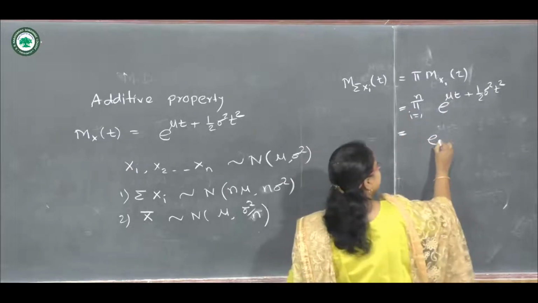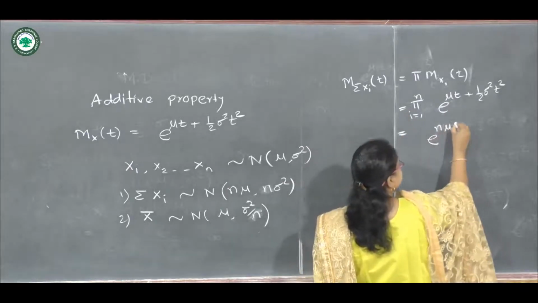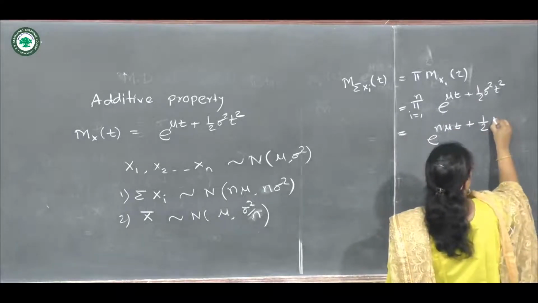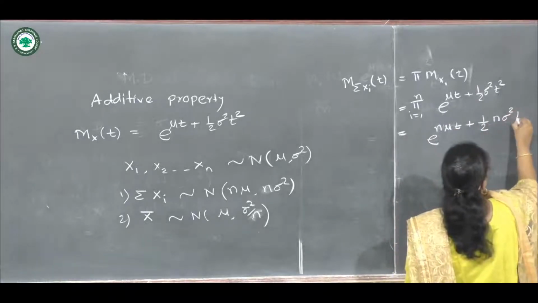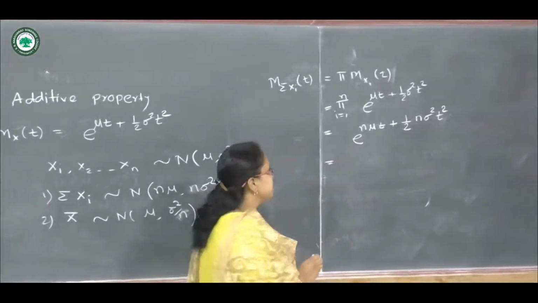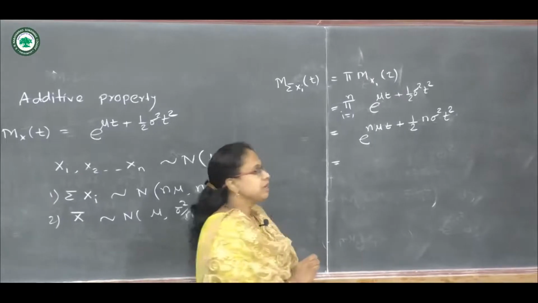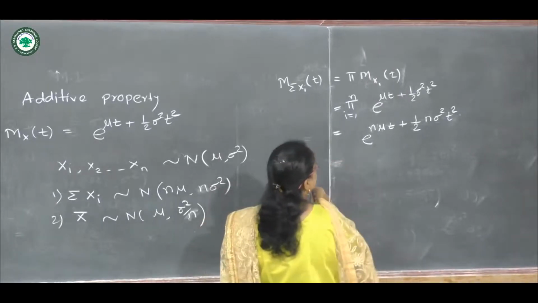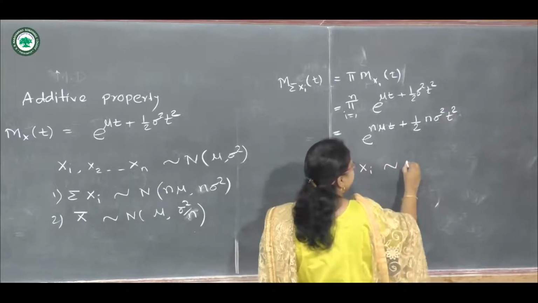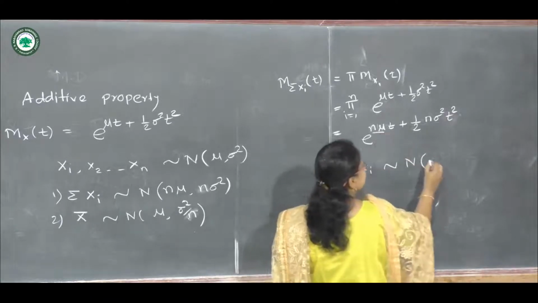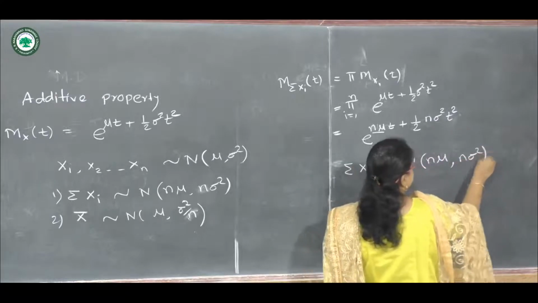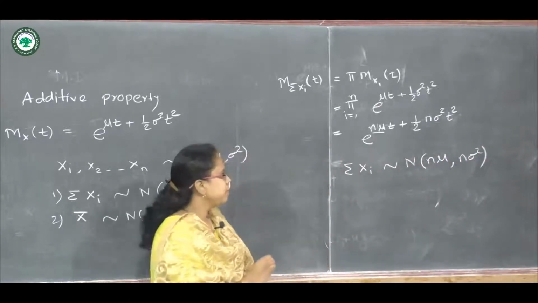So that's why I can write e raised to n mu t plus half into n sigma square t square. So this is just n times, and by using the uniqueness property of MGF, we can write that summation xi will follow normal with the first parameter n mu and the next parameter n sigma square. So this is the proof.